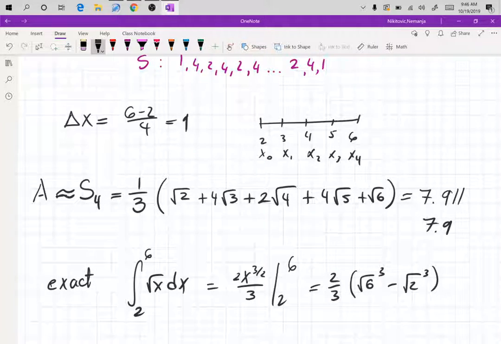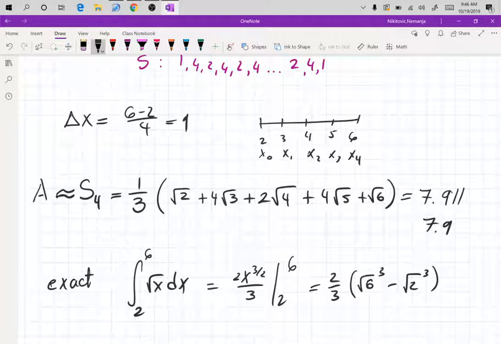Oh, by the way, the whole section obviously is only for definite integrals, because you have to have the 2 to 6 here for delta x and do the partitioning. Otherwise, you don't know where the numbers are. Now, for the exam, there are 1 or 2 problems. If it's 1 problem, I say use trapezoid or Simpson to solve this particular problem.